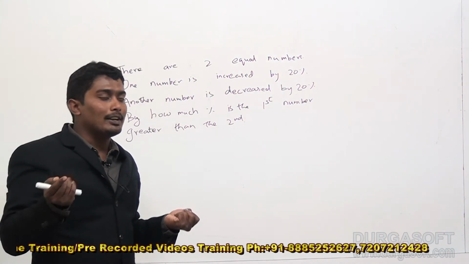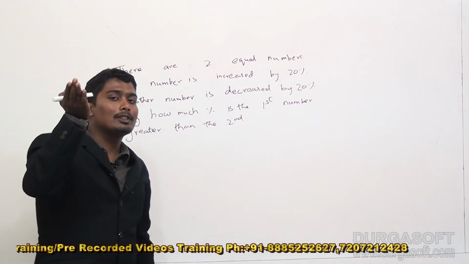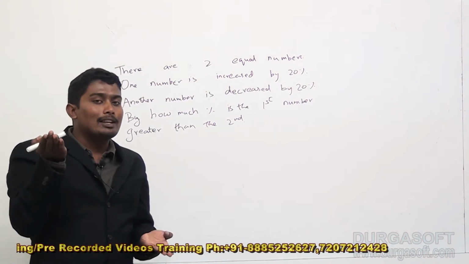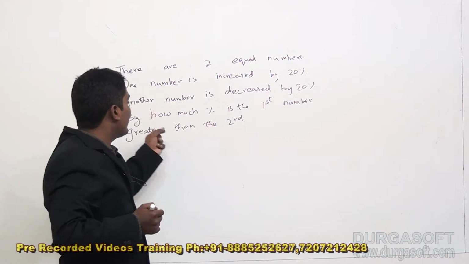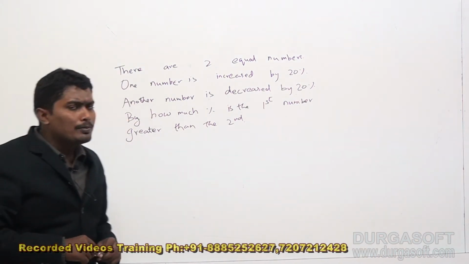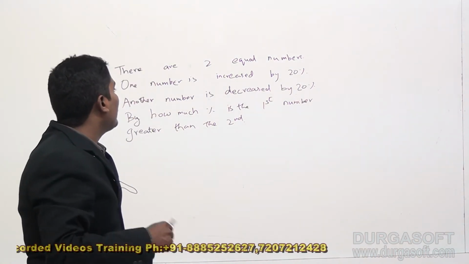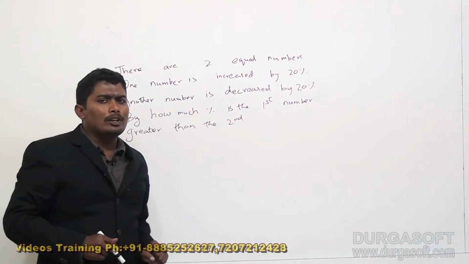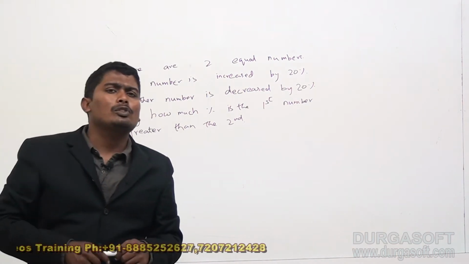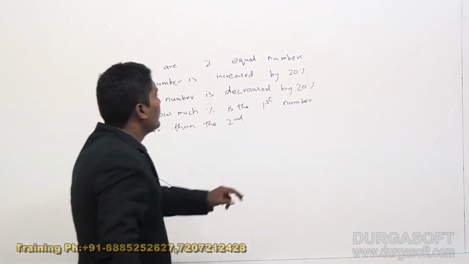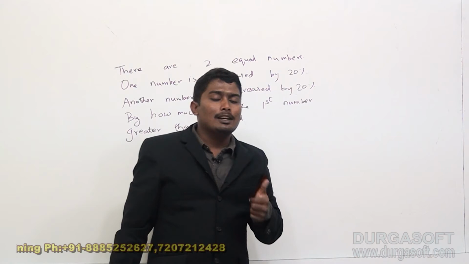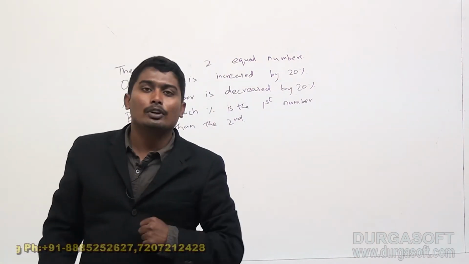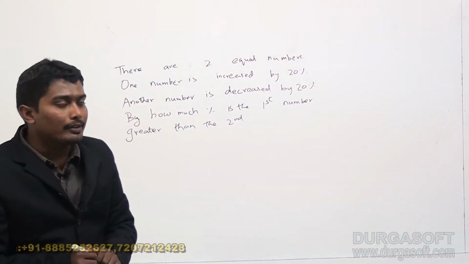The first number has increased its value, the second number has decreased its value, which means the first number is greater than the second number. The question is by how much percentage is the first number greater than the second number? This question does not have any absolute values, but if we get this in an interview, most of us will answer 20 plus 20, 40. That is what we will be thinking, but the answer for this question is not 40.